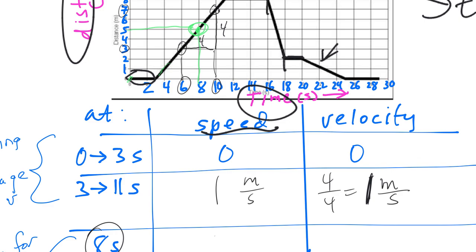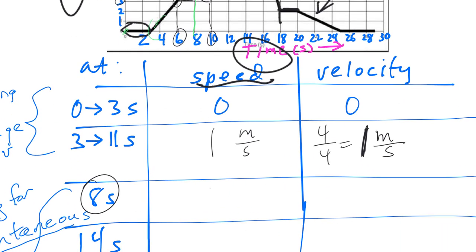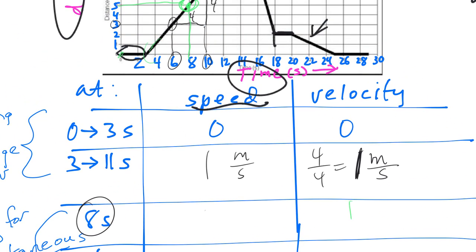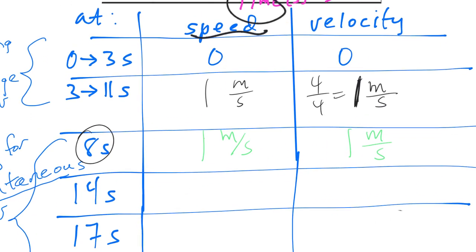This point right here at 8 seconds is part of this line between 3 and 10.5 seconds that we've already figured out the velocity for. So I'll just use the 4 over 4 box, so it's 1 meter per second. Again, if they ask for instantaneous velocity, look at the line segment that point is part of, and then find the rise over run of that line segment.